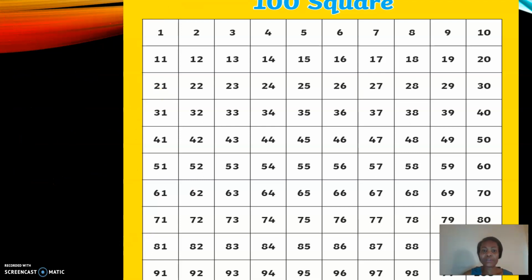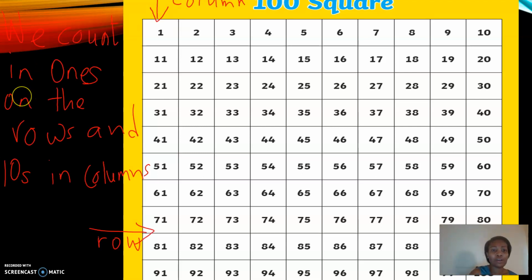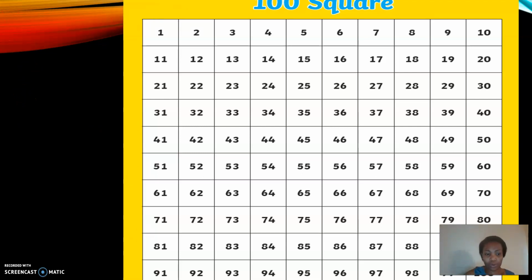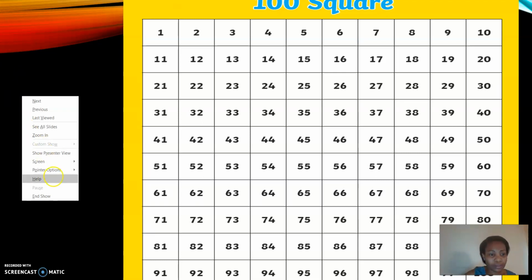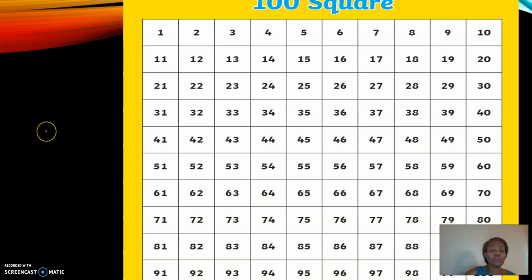Right. So if we want to use the number grid to work out our addition, for example, if you have, oops, how can I write on it? Yeah, so I'm going to write here. There we go. So if I have, for example, 5 plus 2, how do I do that?